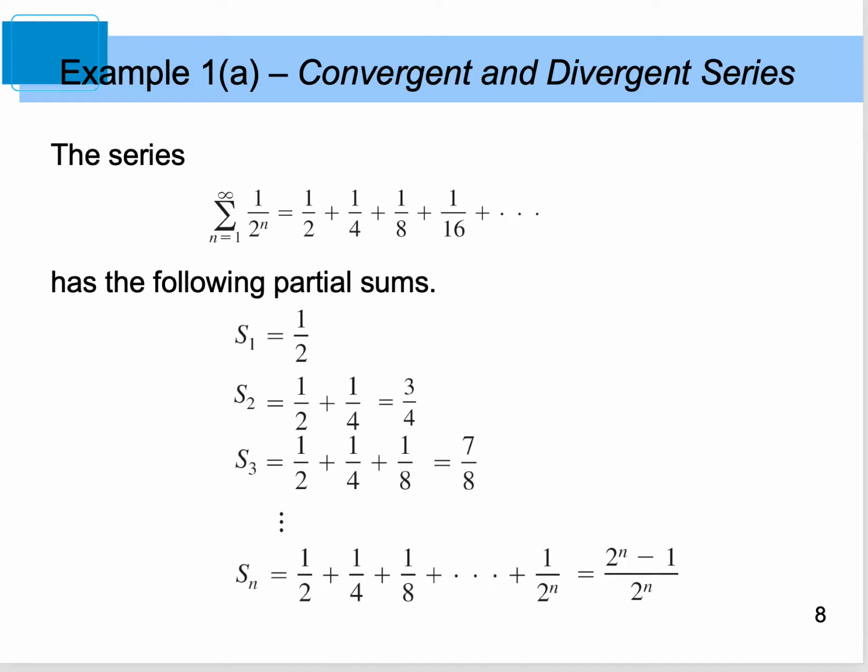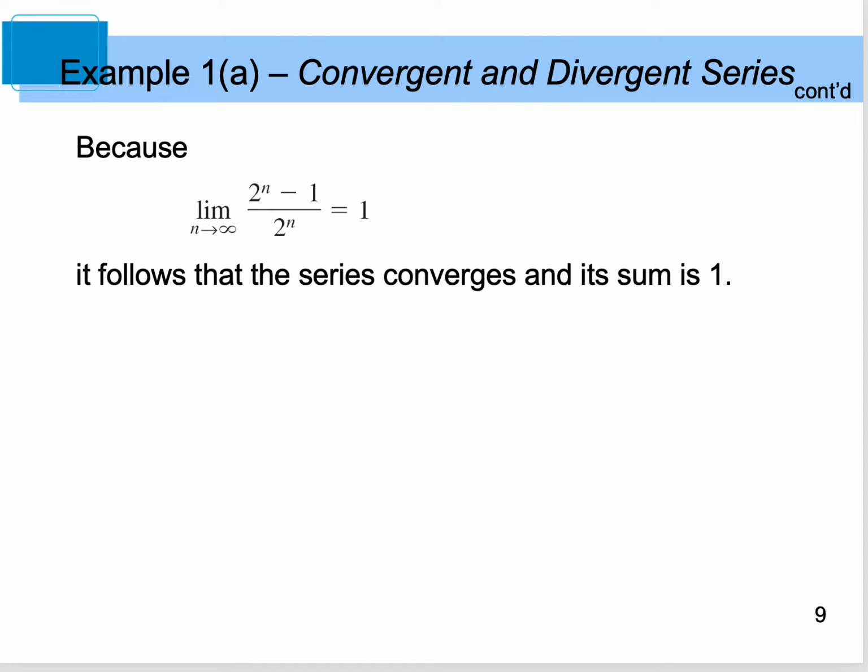First of all, if we think about this from a limit perspective, the denominator is going to grow really, really fast. So if I'm looking at the limit, I know it's going to approach 0. That's just an important thing to note here. If I look at the partial sums, I start noticing that I have a half, and that there's a considerable jump from a half to 3/4, but not so much of a jump from 3/4 to 7/8.